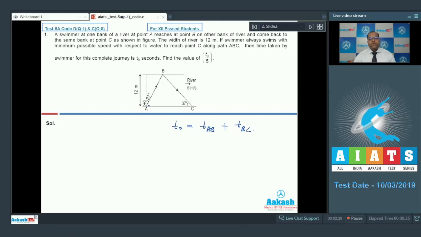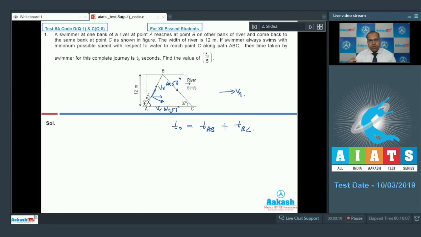So when the swimmer swims along the path AB, the resultant velocity of the swimmer with respect to ground must be along the path AB. Suppose the velocity of the river in this direction is VR, then the component of VR in this direction is VR cos 53 degree, because this angle is 53 degree, and the component in this direction, perpendicular to line AB, is VR sin 53 degree.